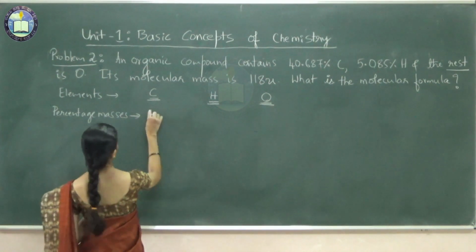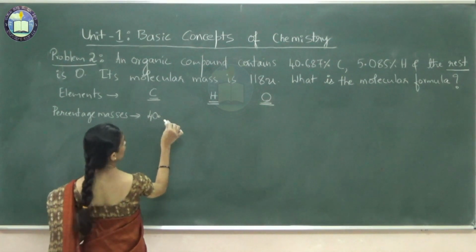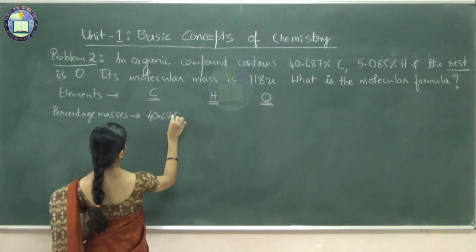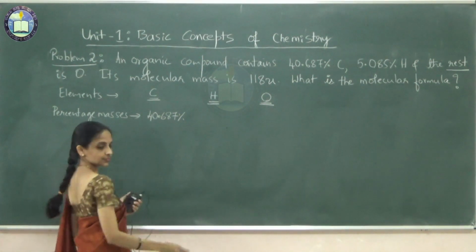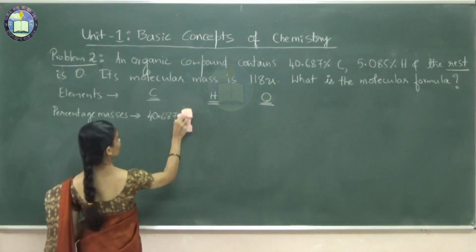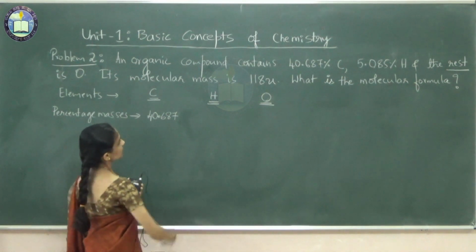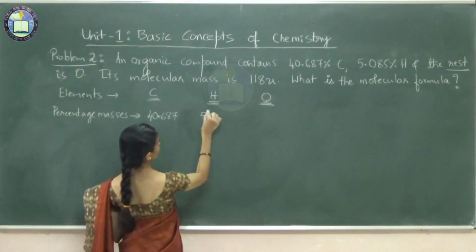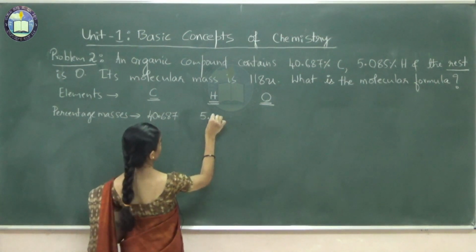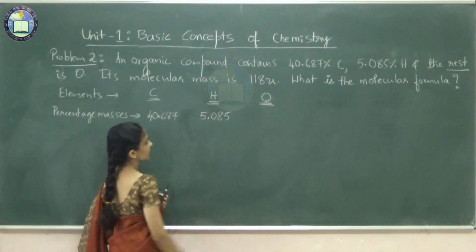For carbon, it is given to be 40.687. You need not place the percentage symbol again. Then for hydrogen, it is 5.085.